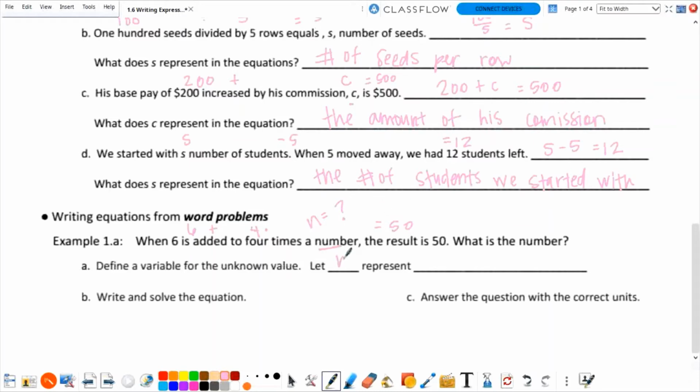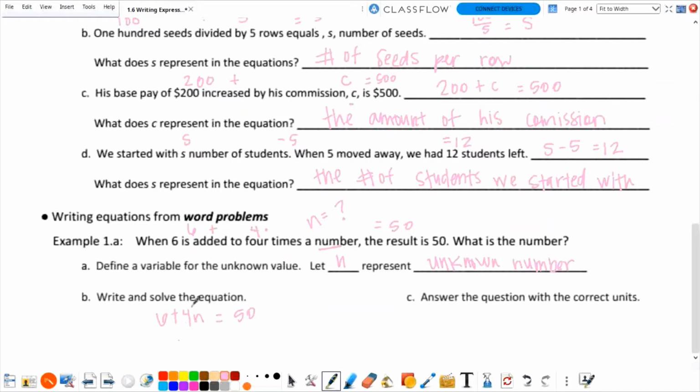So we're going to let n represent our unknown number. What is the number? You could use any variable, but sometimes it helps to keep things a little more organized. If you call it number, we're going to use n. So write and solve the equation. So we know that we're going to have 6 plus 4 times a number, n, equals 50. And then we're going to solve for n.